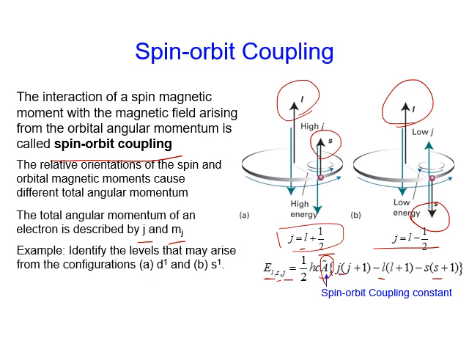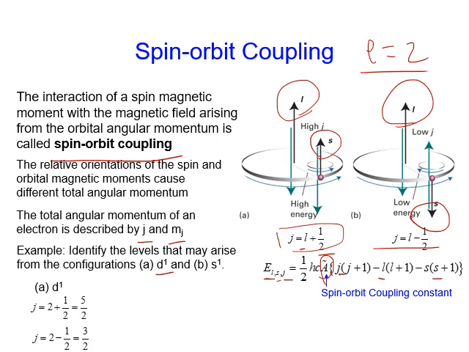So here is an example. Identify the levels that may arise from the configuration d1 and s1. If we have an electron in the d orbital, do we have spin-orbit coupling? For a d orbital, L equals 2. Now the spin can have the same orientation as the orbital angular momentum, or opposite.